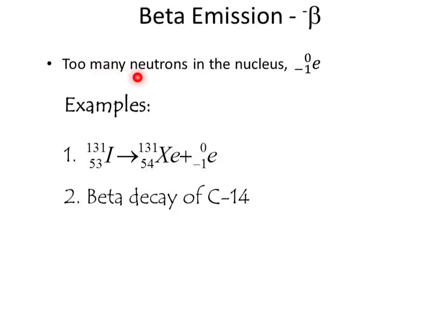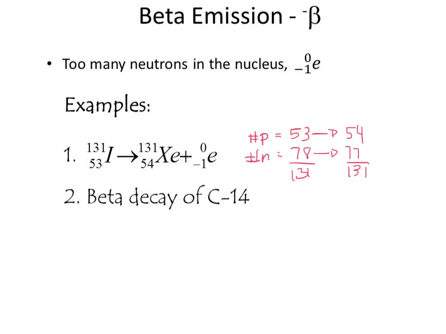In a beta decay, you have too many neutrons, and you eject a beta particle, which is an electron with a -1 charge. If we look at the example for iodine 131, you have 53 protons, and you have 78 neutrons. If you go through beta decay, you lose a neutron, but you gain a proton, and so your new numbers are 54 protons and 77 neutrons, but your atomic mass remains the same, 131.